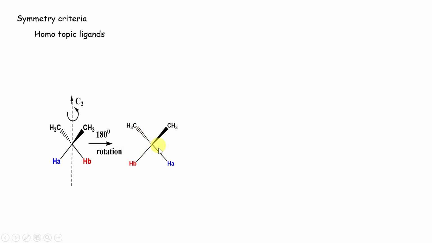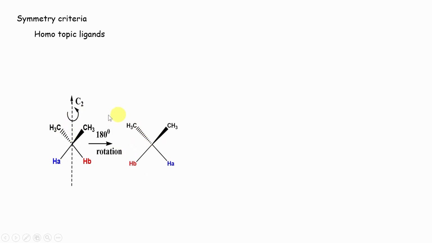Okay, according to the symmetry criterion, two homomorphic ligands are homotopic if they can interchange position by rotation around a Cn axis. For example, in the case of propane, if you rotate the molecule through the C2 axis with respect to this central carbon atom, then we get this propane.